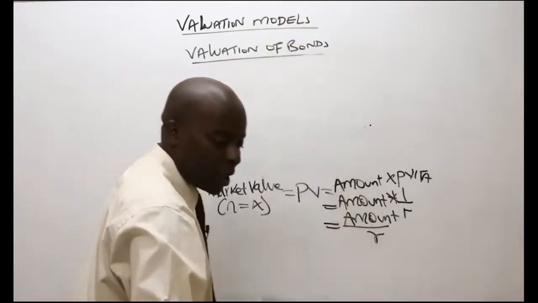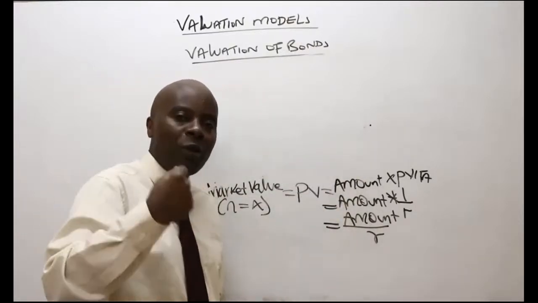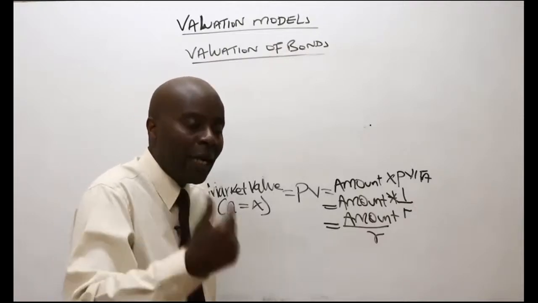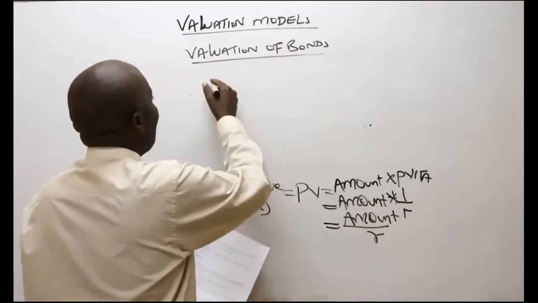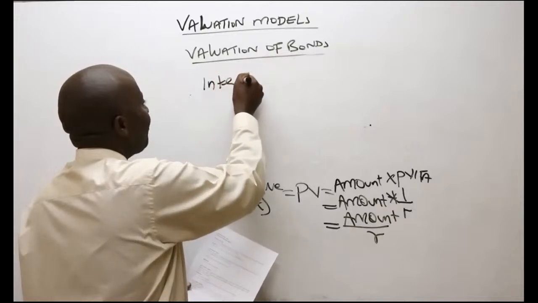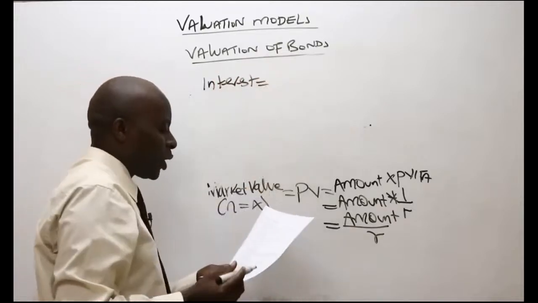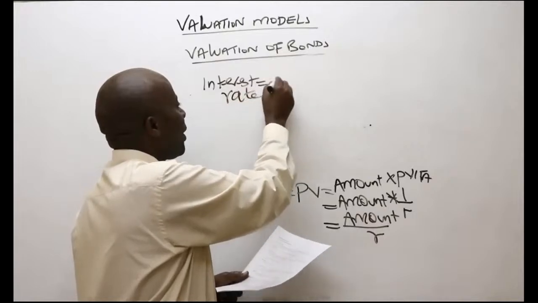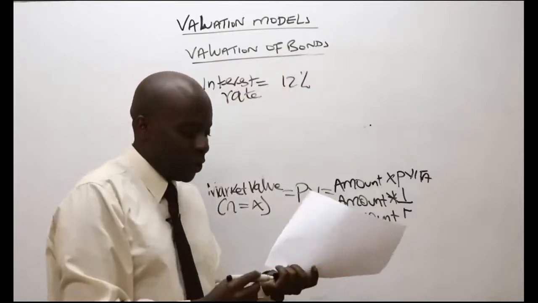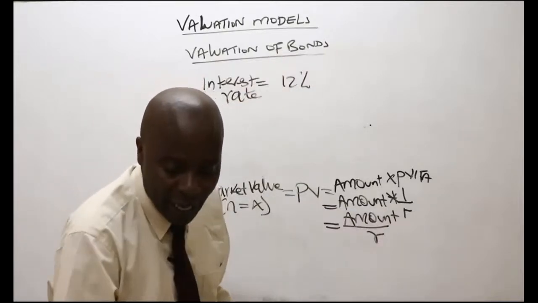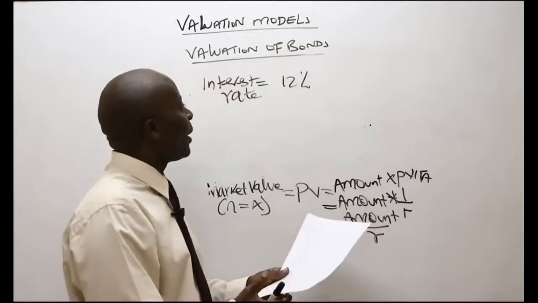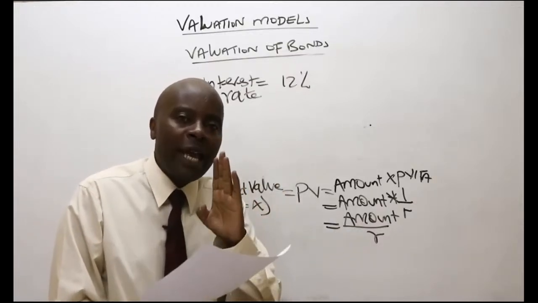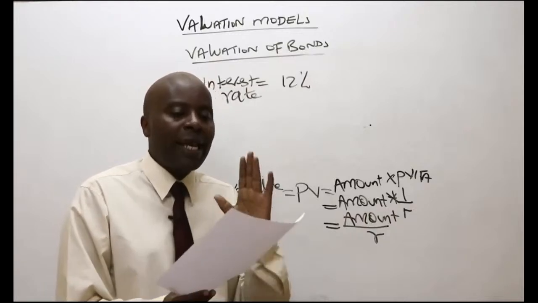The amount that we shall be paying for this bond will be the interest, the annual interest. So come and give us the interest. Ladies and gentlemen, they have given us an interest rate of 12%. However, this bond interest is being paid on a semi-annual basis.